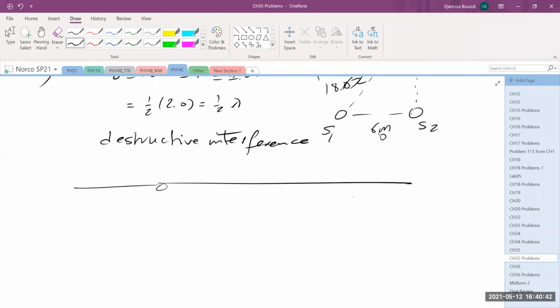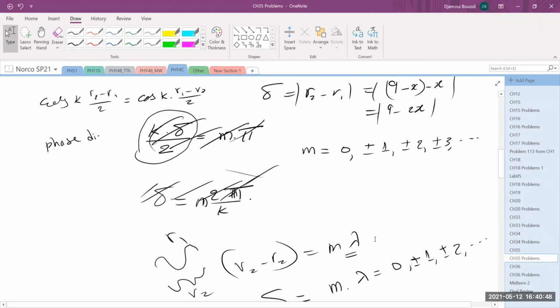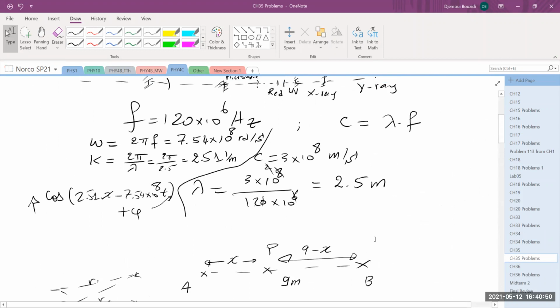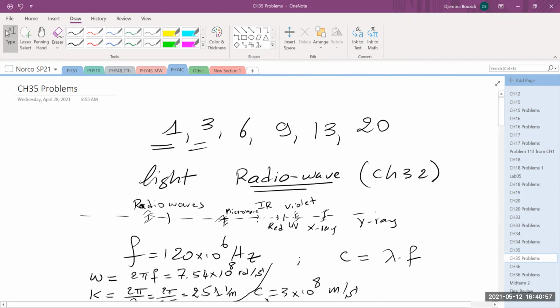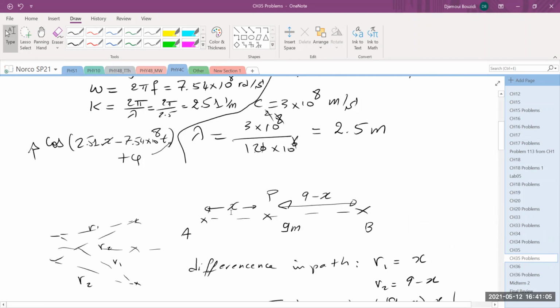If they give us light, as problem 1 was, remember the wavelength in here, even for this one was not bad really, for radio waves, but radio waves, how are you going to see it? You cannot see it with your own eyes. Remember the spectrum in here, the radio waves, you have to really have a phone in there to capture it, okay? So it could be a cell phone, for example, sitting at different points in here, and when are you going to get your signal or lose signal? So that is something that you might experiment with.